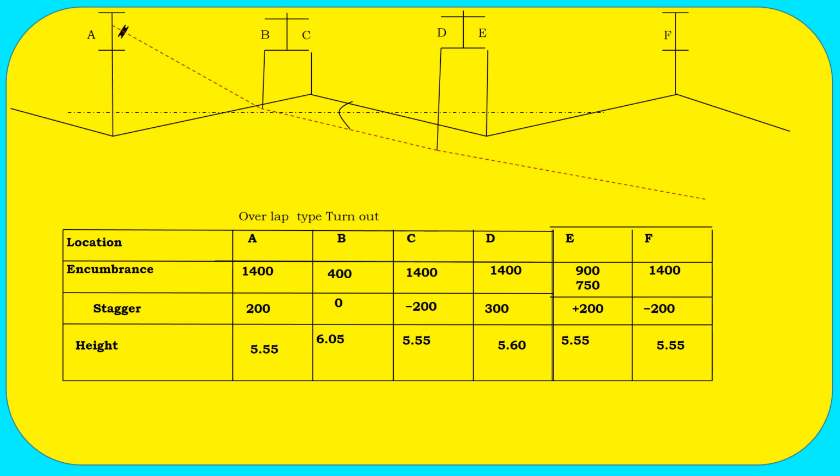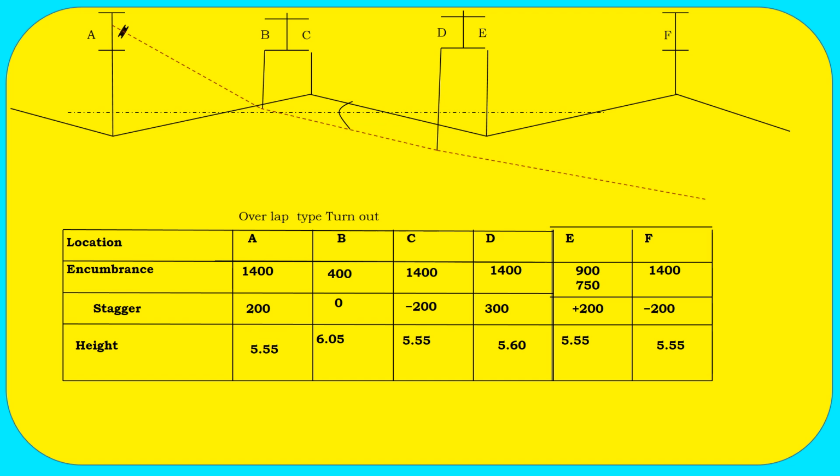And in E, you see, it may be 900. Contact to catenary distance of the mainline OHE is 900 or 750. Stagger has been taken as plus 200. You see, the turnout OHE is plus 300 and the mainline is plus 200, so there is a 100 millimeter gap between the two. Minimum 50 millimeter you must keep.